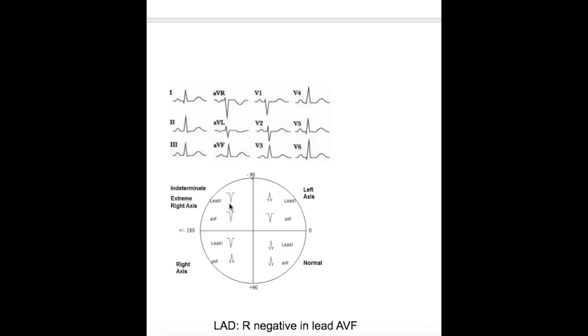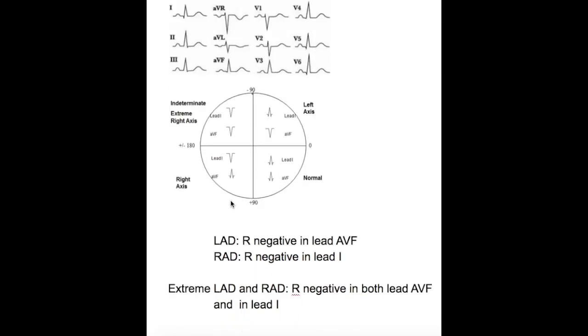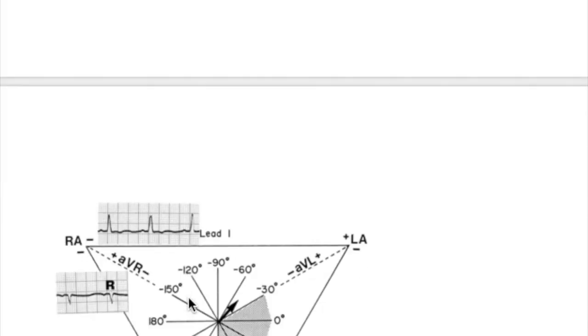And both of them are negative when there is an extreme right axis deviation or left axis deviation. See here, this arrow indicates a deviation to minus 45 degrees. So it's a left axis deviation, and the R in AVF becomes negative.